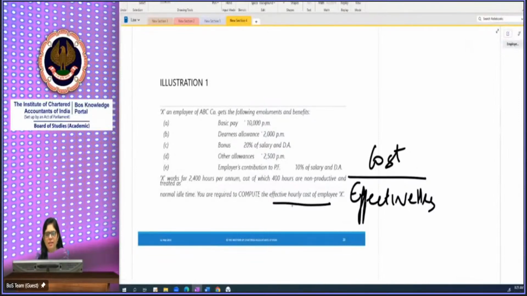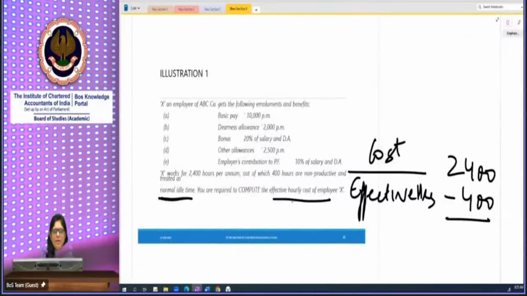So effective hours, clear? Effective hours means total hours were 2400. The employee will be paid for 2400 hours, so the cost to the organization will be for 2400 hours, but 400 hours will be lost because they are normal idle time. So effective hours are 2000.